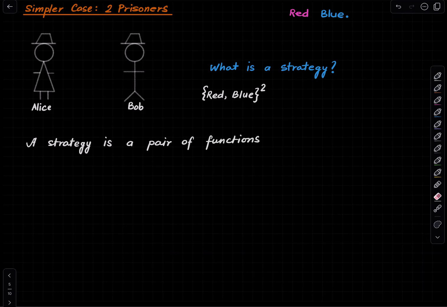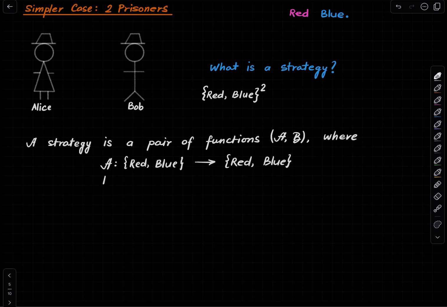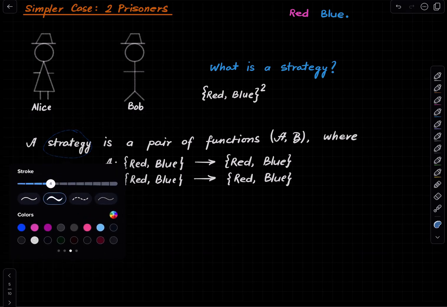Let me call them script A and script B, where script A is a function from the color set to the color set, and same for B. That is a strategy. It may look like a nonsensical thing, but let me explain why I am calling that thing a strategy.